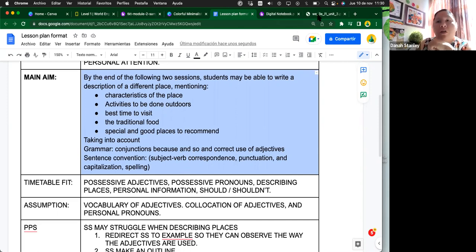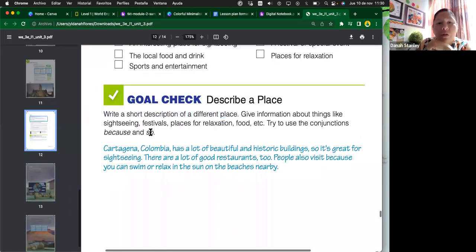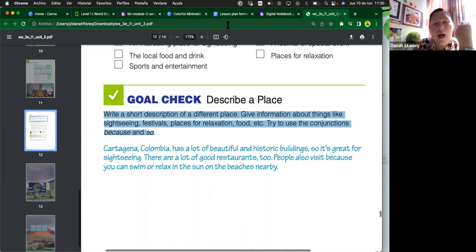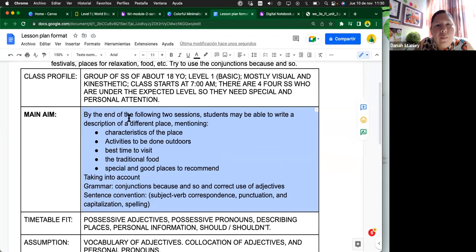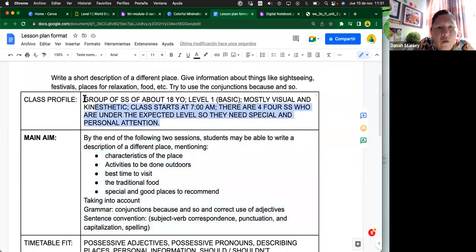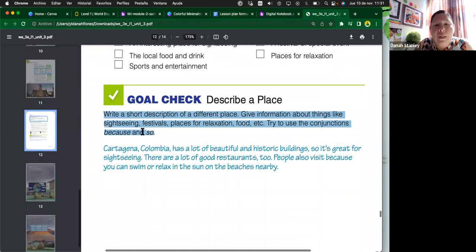Entonces, the first challenge is for the teacher to understand the instructions, what in reality my students can comprehend. That's why it's very important to keep in mind the class profile, because the development of this specific activity will depend on the characteristics my students have.